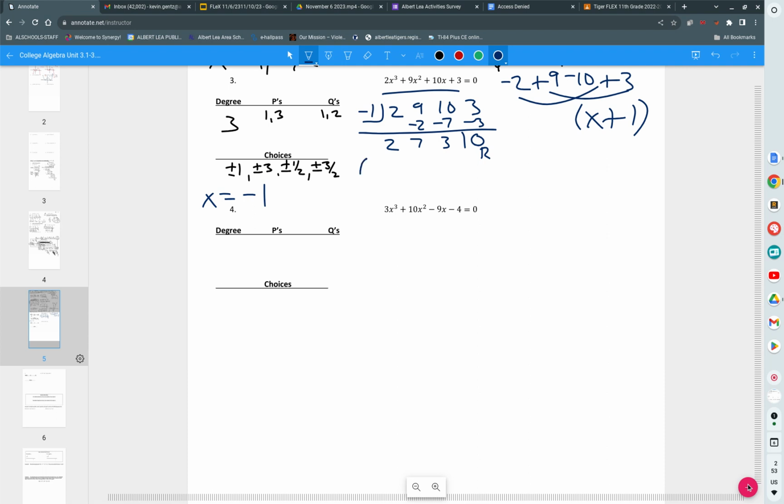So I get x plus 1 times 2x squared plus 7x plus 3. And that factors to 2x plus 1 times x plus 3. I have solutions of -1, -3, and -1/2, and those are all listed right there, and they are all negative, like we made in our prediction.